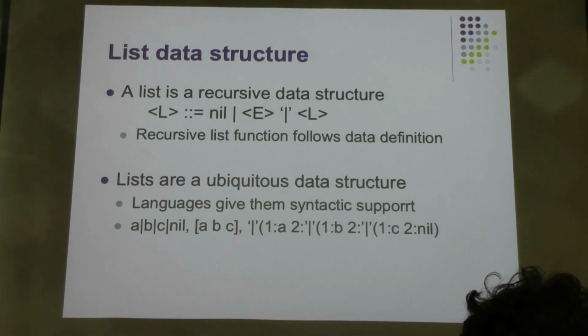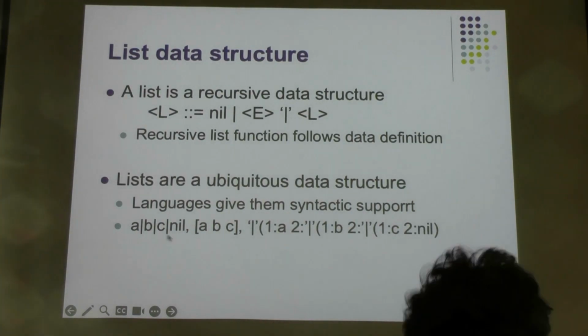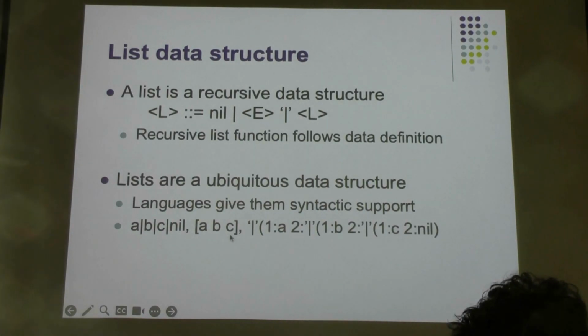So this is one of the most fundamental symbolic structures. It was first introduced by the Lisp language in the 1950s, so it's a very old thing. But it's ubiquitous, and it's a very important structure. And many languages are giving syntactic support to this. So A bar, B bar, C bar, nil. In Oz, there are many ways of saying the same list.